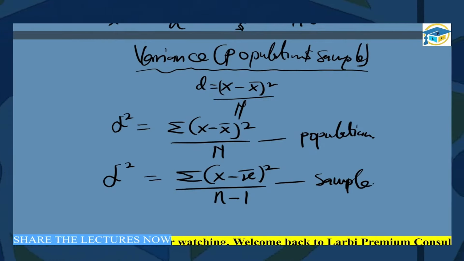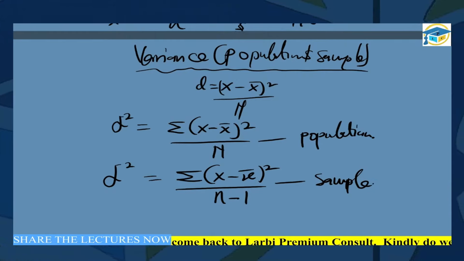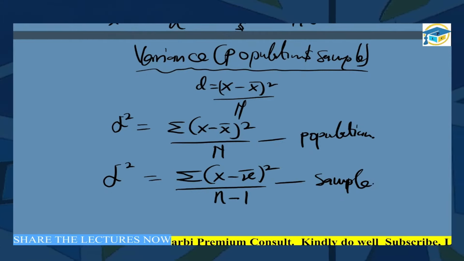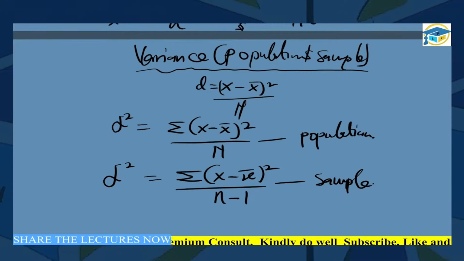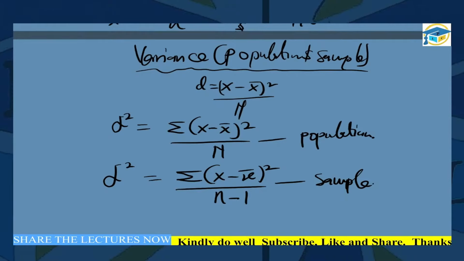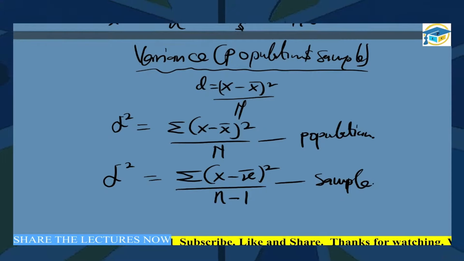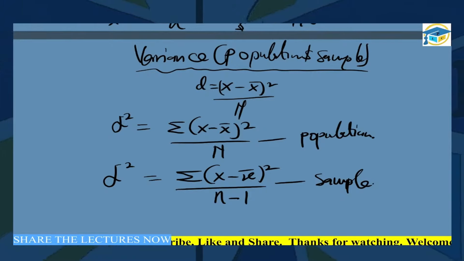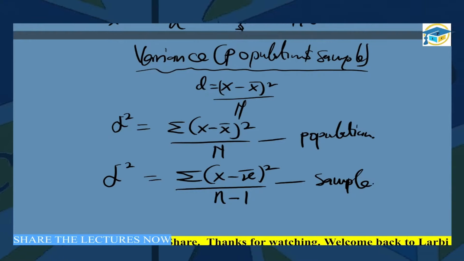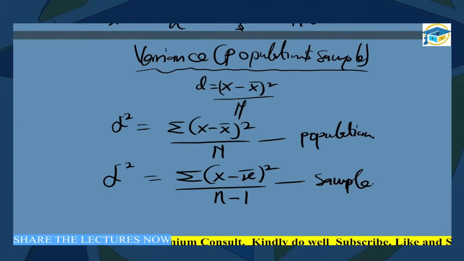Variance and standard deviation also move together. So standard deviation is the positive square root of the variance. When we talk about standard deviation in business application, in relation to measure of dispersion, if the standard deviation of a particular set of data is small, then the average actually represents the data, and the data will be clustered close to the mean.